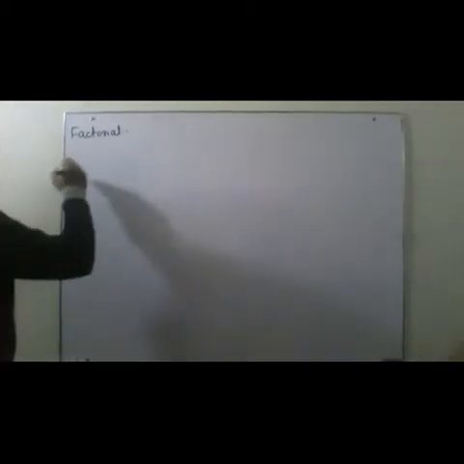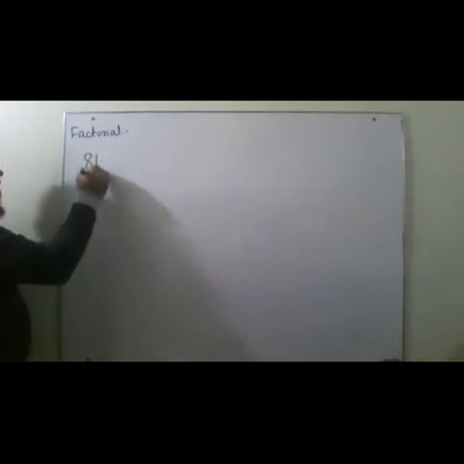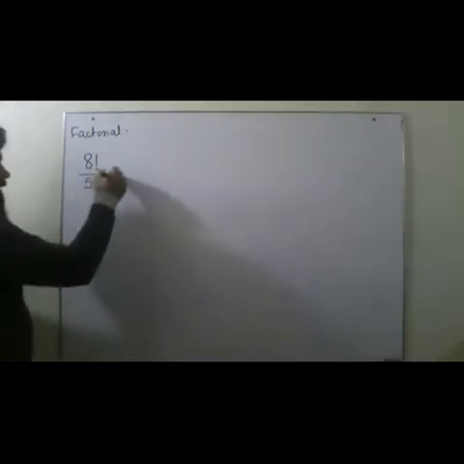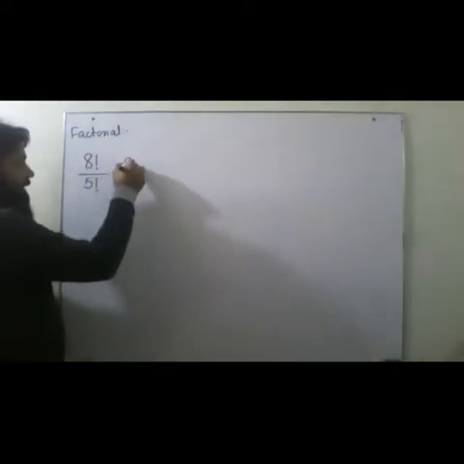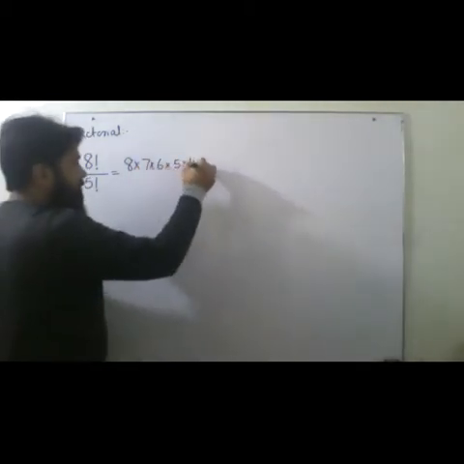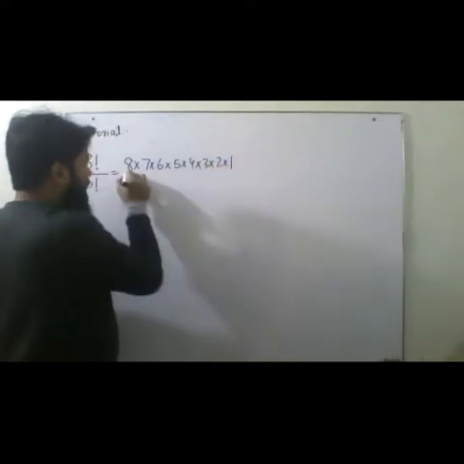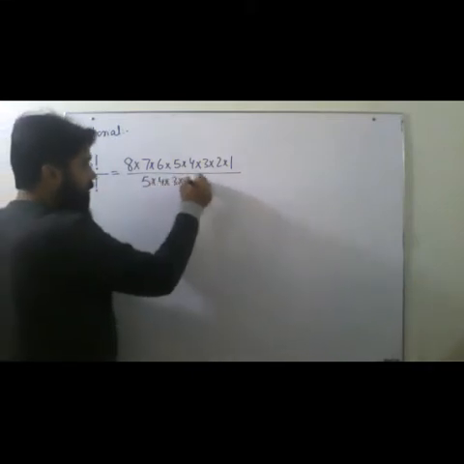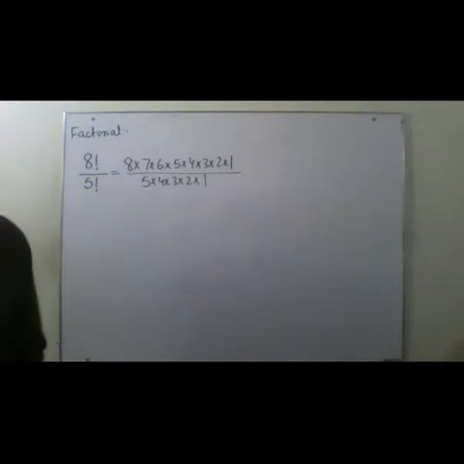Like in the previous examples, I've told you that whenever it is factorial, now see, I'm writing a few values with a relation. 8 factorial divided by 5 factorial. 8 factorial can be written as 8 into 7 into 6 into 5 into 4 into 3 into 2 into 1, upon 5 factorial, which can be written as 5 into 4 into 3 into 2 into 1.